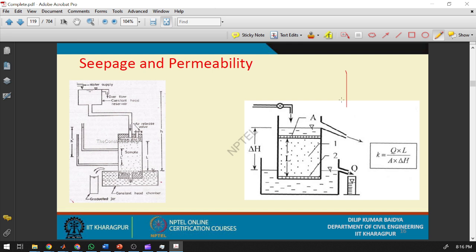We take experimental values on the standpipe, how much water has flown in what time. The falling head permeability test is done for fine grain soils because this fall in water level is very slow in fine grain soils as compared to coarse grain soils.